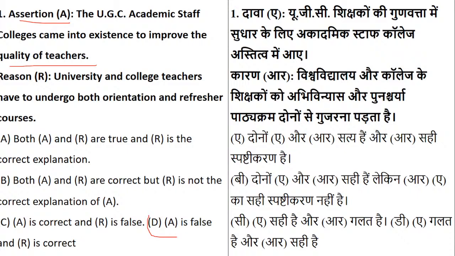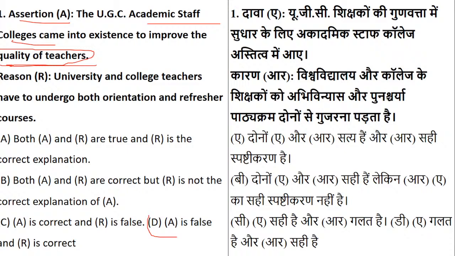Okay, so the assertion is what? The University Grants Commission academic staff colleges came into existence to improve the quality of the teacher. When we talk about quality of the teachers, it means teaching quality.